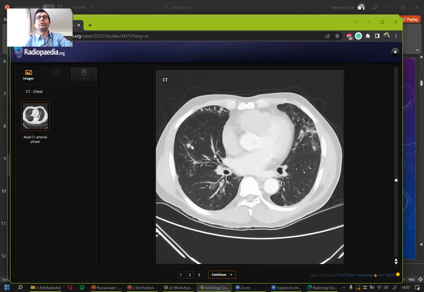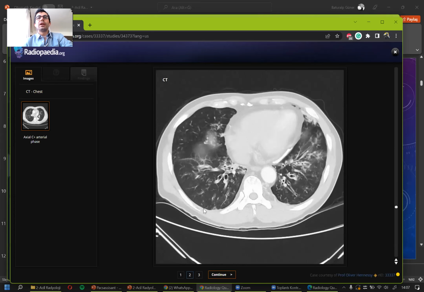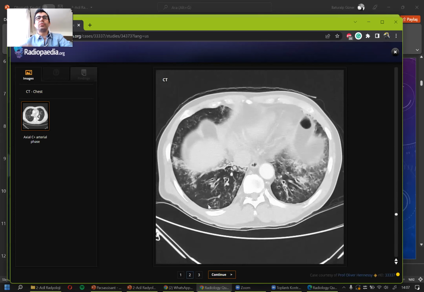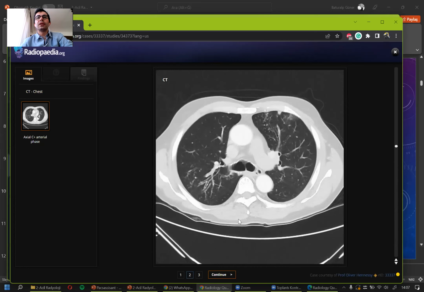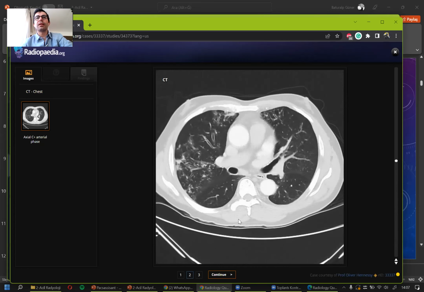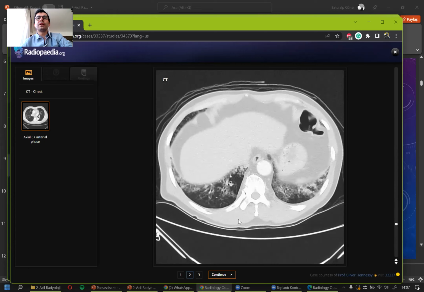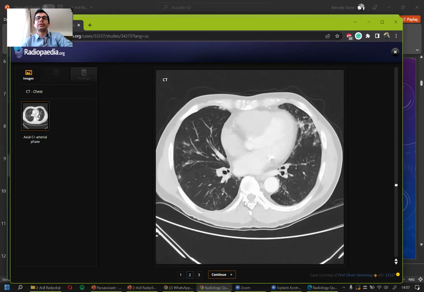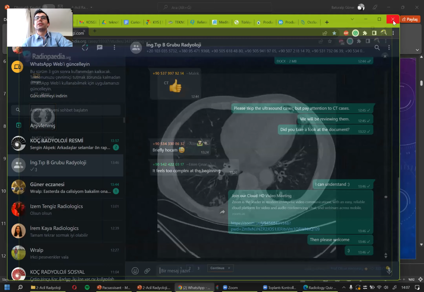I'm seeing some nodular densities as well, and the infiltrations are on both sides, but in a patchy manner. I mean, not all the parenchyma is infiltrated. I can say there is no pneumothorax, there is no free fluid in the thoracic cavities.